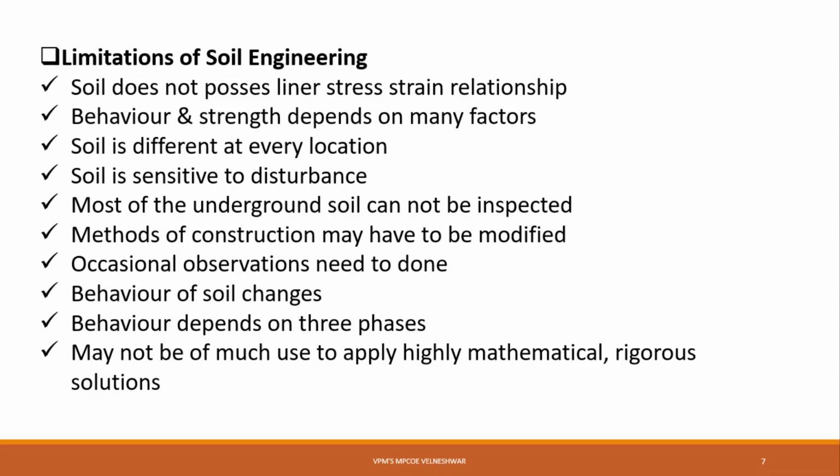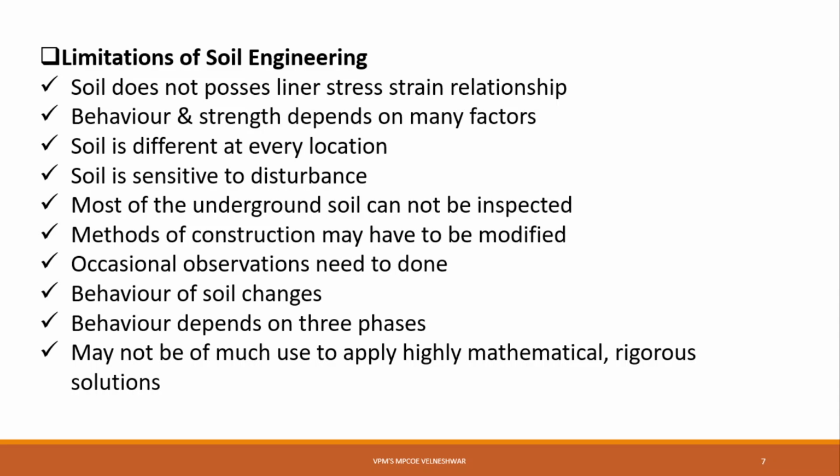Then behavior depends upon three phases, that is solid, water and air. Soil is always in a three-phase system or two-phase system. So what are the phases of soil? The first is soil in air, then soil in water, and solids present in the soil.